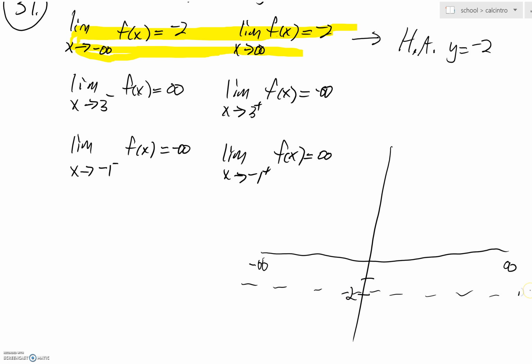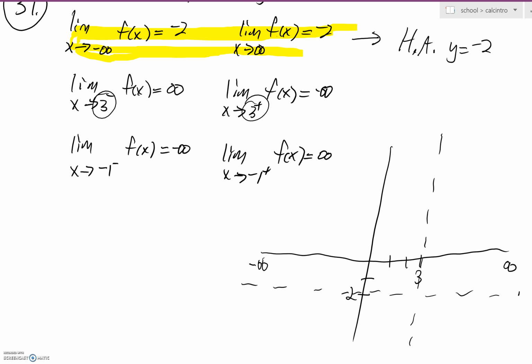And no doubt, I'm sure kids are going to say, well, that's not enough. I mean, you could have billions of graphs that have that behavior. I don't know what else is happening. Well, wait, they give you some more. They're saying as x approaches 3 from the left and x approaches 3 from the right, you go to positive infinity and negative infinity. What do you think is going to be present there at x approaching 3? A vertical asymptote.